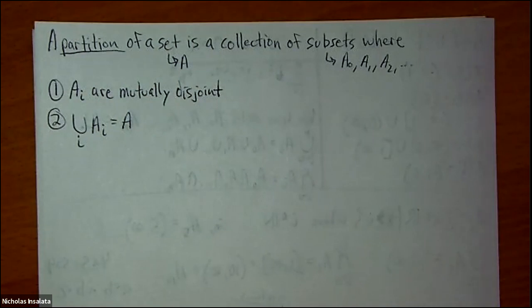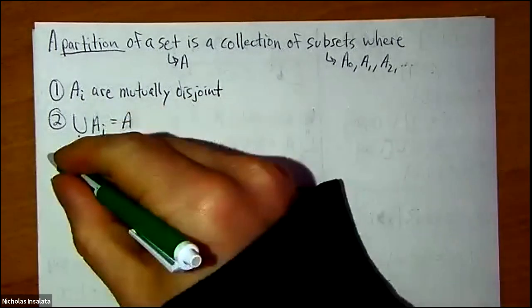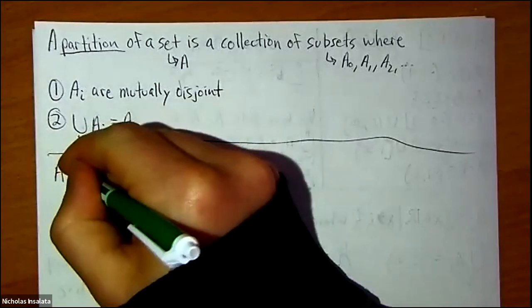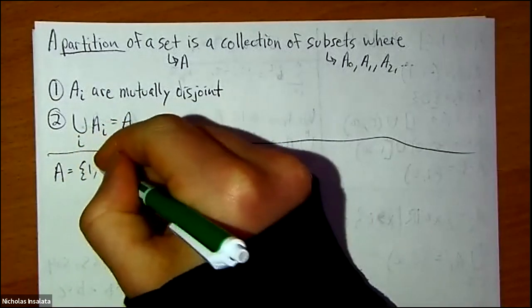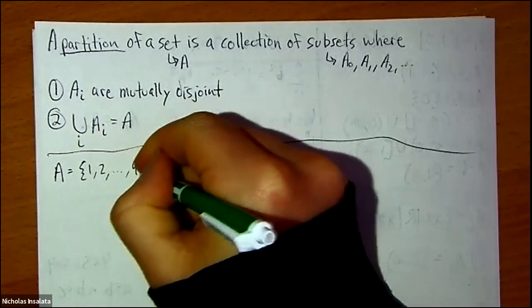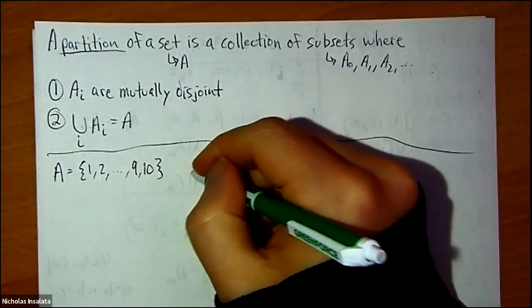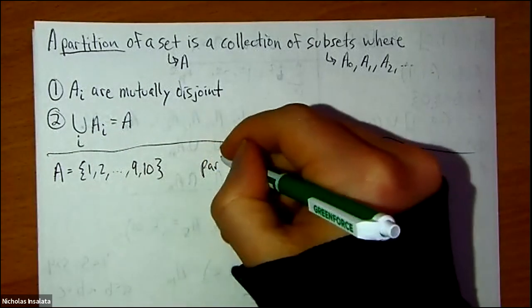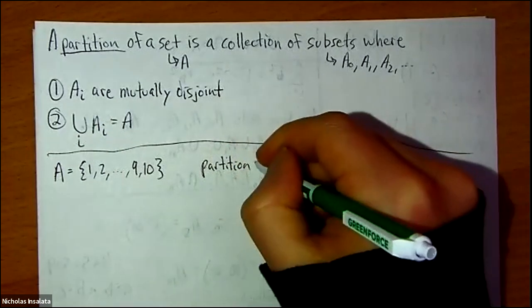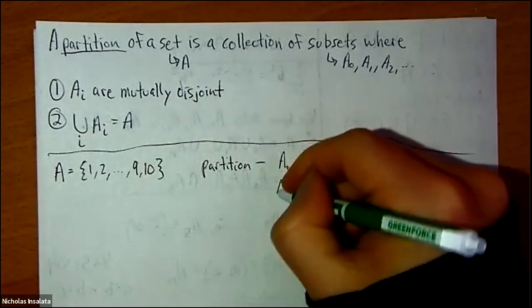So let me ask you a question. Consider the integers 1 through 10. Can someone give me a partition of the integers 1 through 10 into two subsets? So two subsets, A0 and A1.